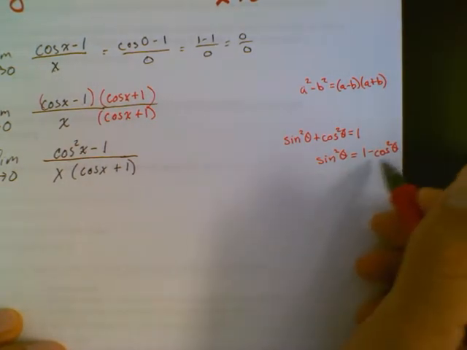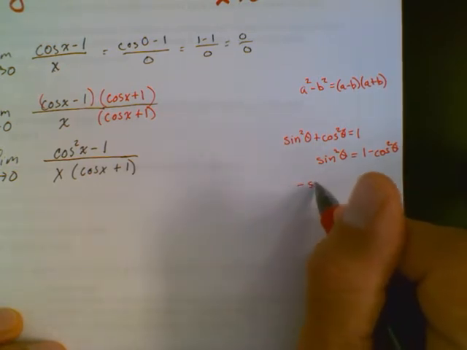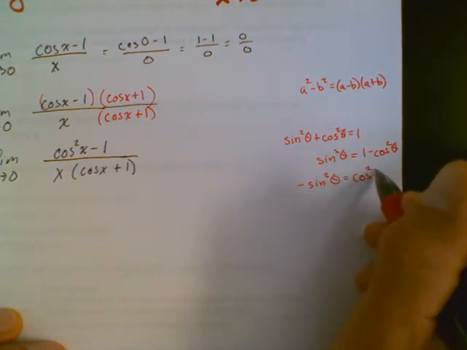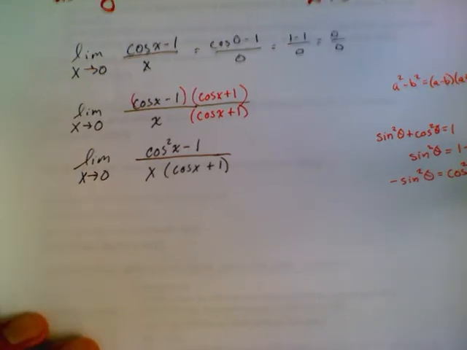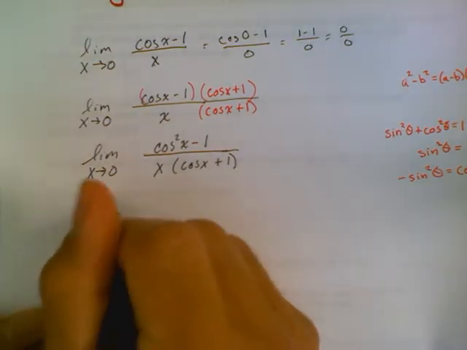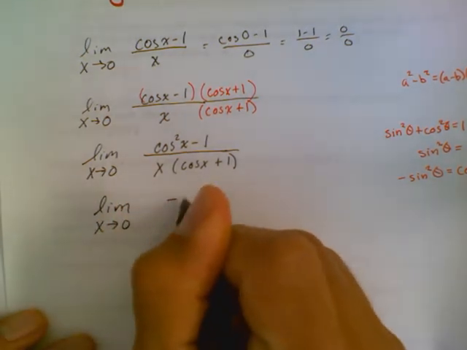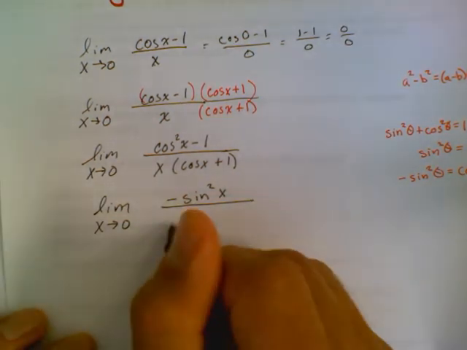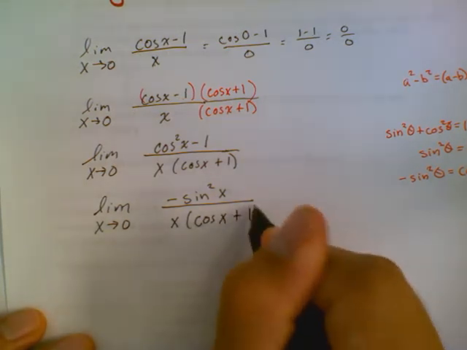That's not exactly it, but if I take a negative out, negative sine squared theta equals cosine squared theta minus 1. So the limit as x approaches 0 of negative sine squared x all over x times cosine x plus 1.